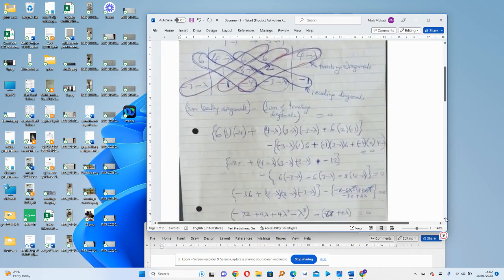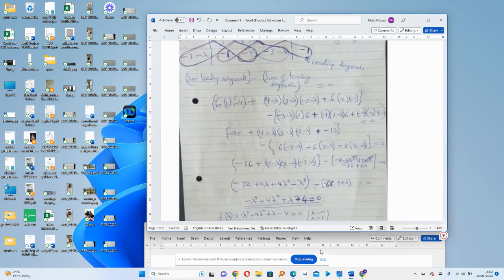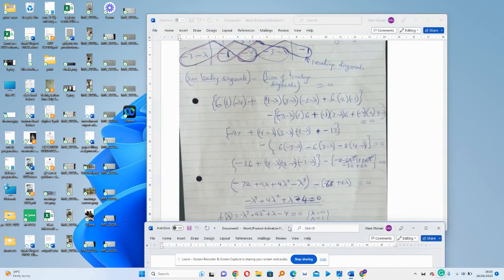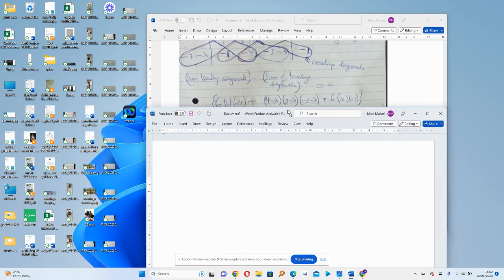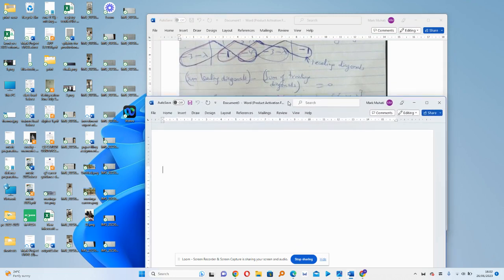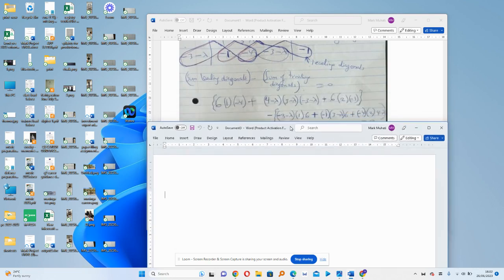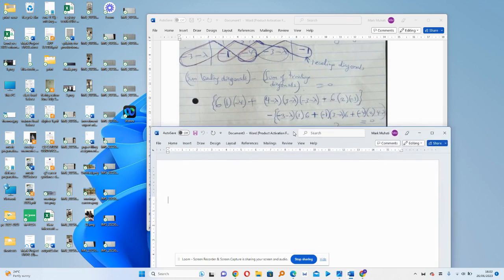So as you can see, I've indicated here the sum of the leading diagonals minus the sum of the trailing diagonals is going to give us 0. And if you did that, you can see very clearly the multiplication process of multiplying the elements in the leading diagonal and the elements in the other diagonal.